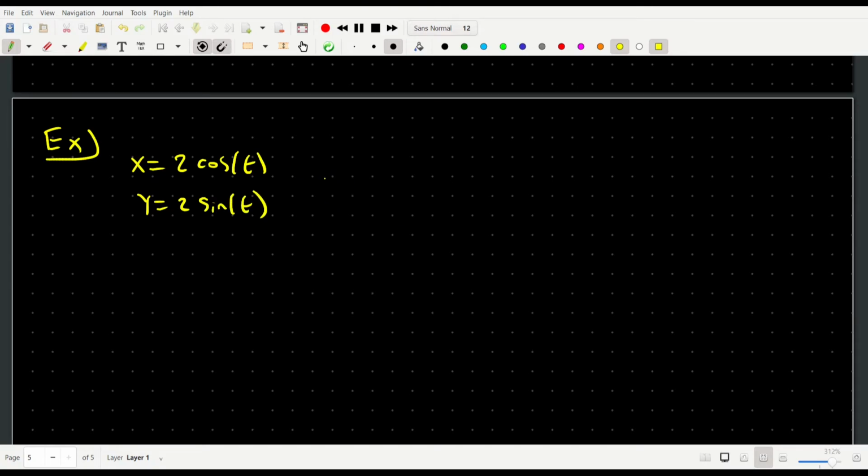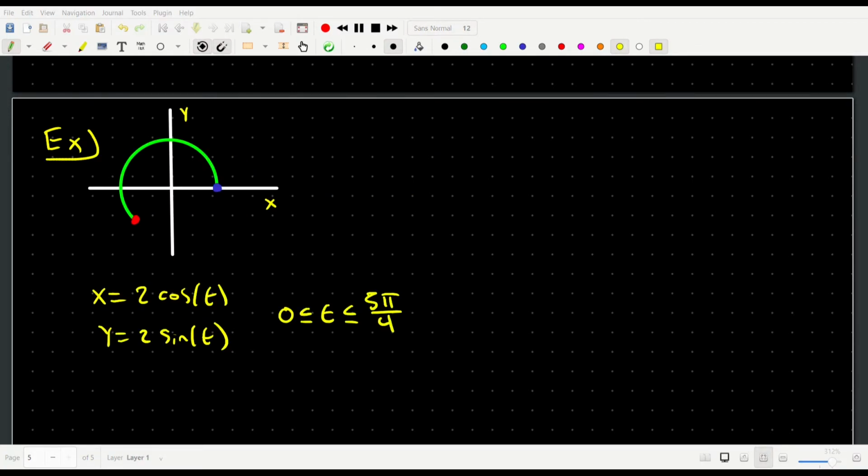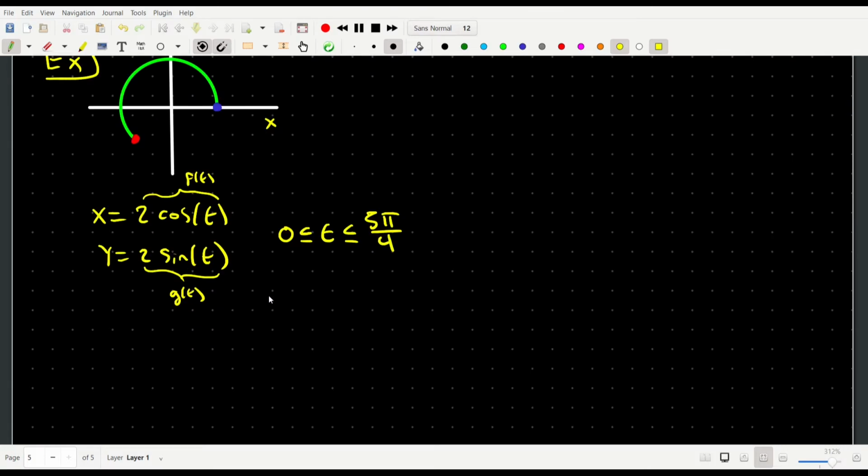And we'll do it on the interval from 0 to 5 pi over 4. So visually, this is this curve right here. If you get the length of this curve, our x is the f of t, and our g of t is 2 sine of t for this example.